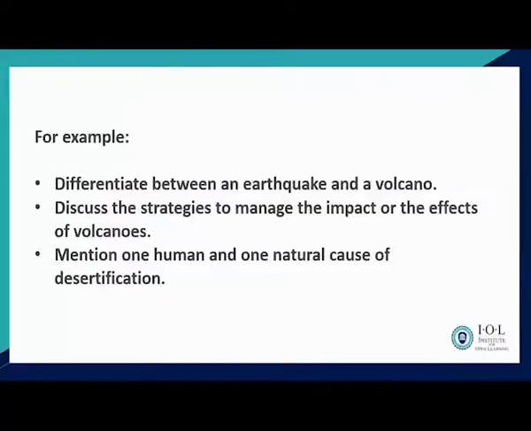You can be asked to mention one human and one natural cause of desertification. This is just an example question where the key focus of this question is mentioned. One human, one natural cause, which means that you have to know what the causes of desertification are, those that are caused by human beings, by us, and those that are caused by the natural world, a natural cause.